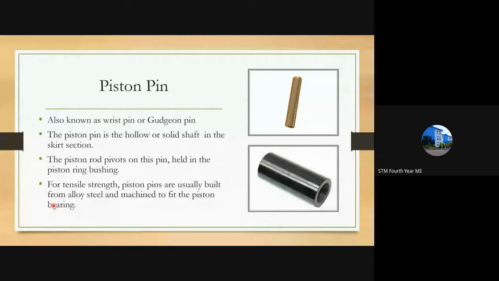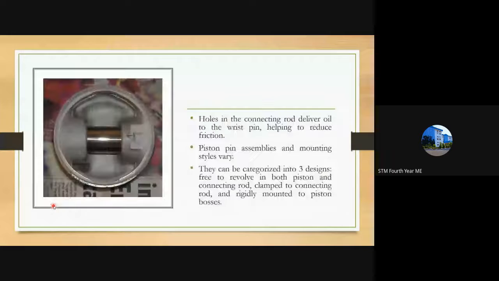When the connecting rod moves upwards, it exerts force onto the piston through the piston pin. So the piston pin is the exact part where the force is greatest, and for that strength, it is made of alloy steel. You can see here in the figure how the piston pin is inserted inside the piston boss or piston hole.